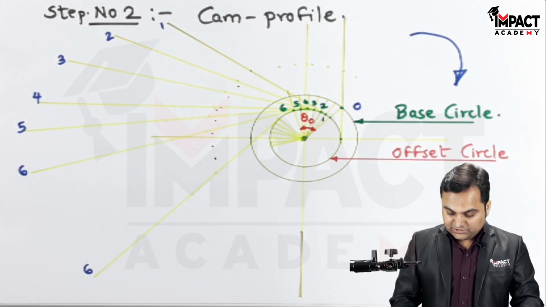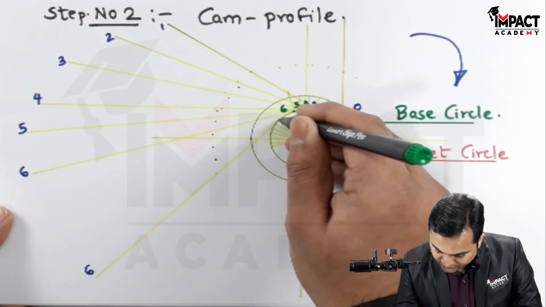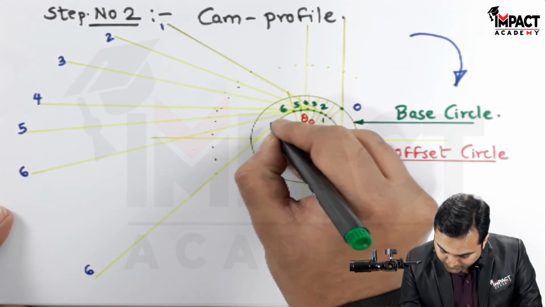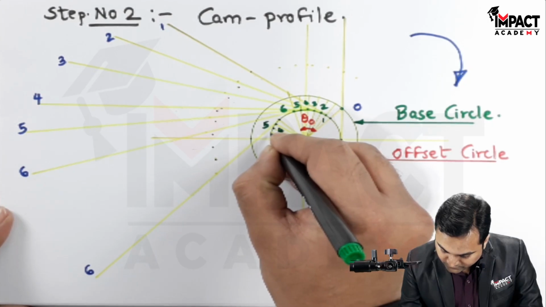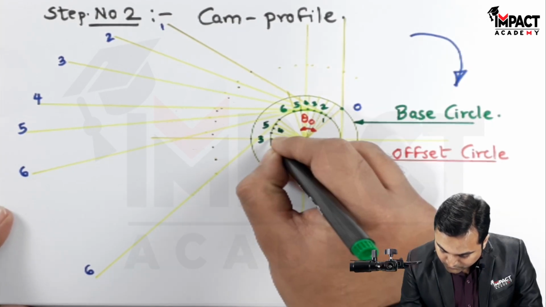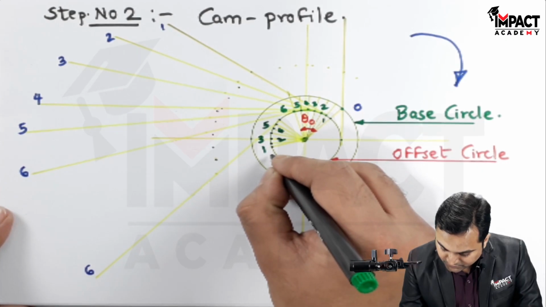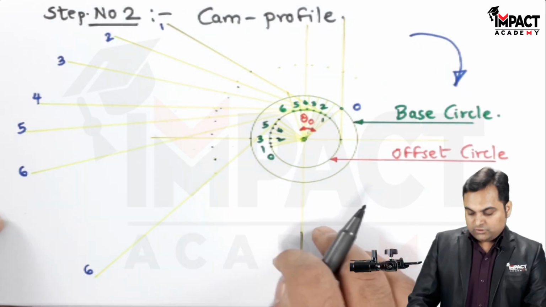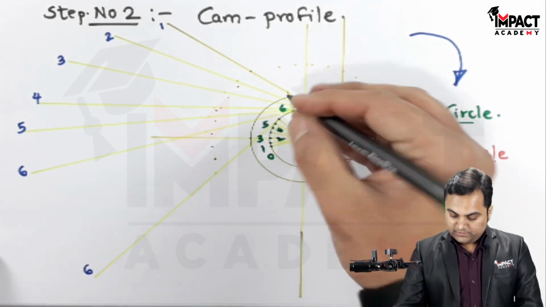Now giving the notations to these points as well. After 6, this will be 0.5, then 4, next 3, then point second, then first, at last 0. So similarly, I would be drawing the tangents from these points as well.